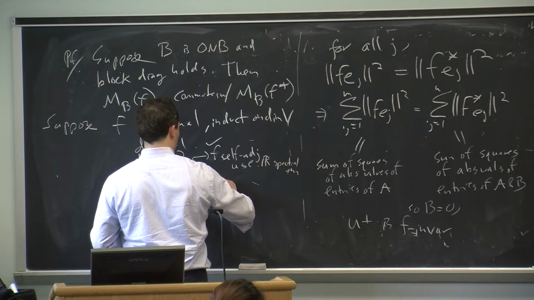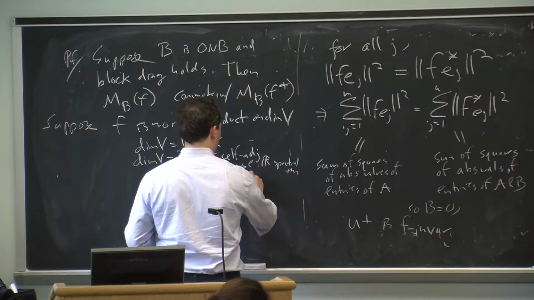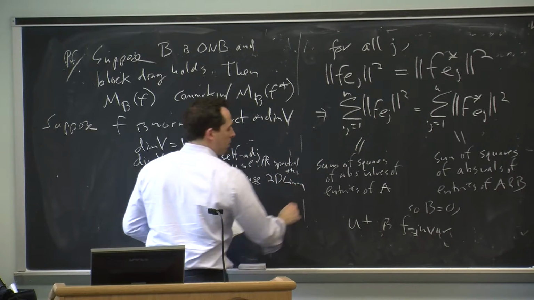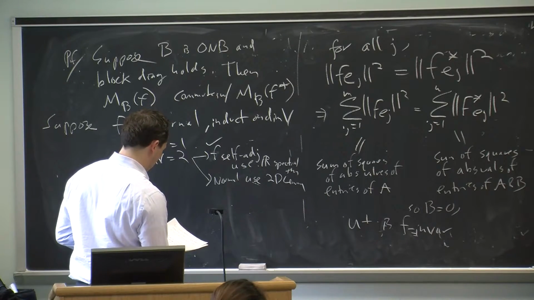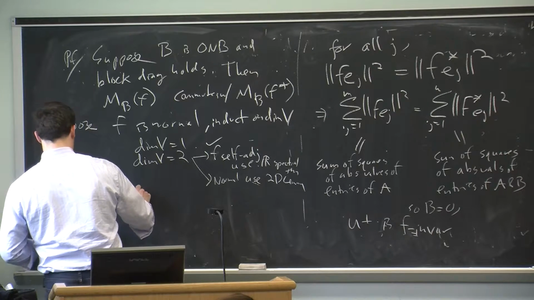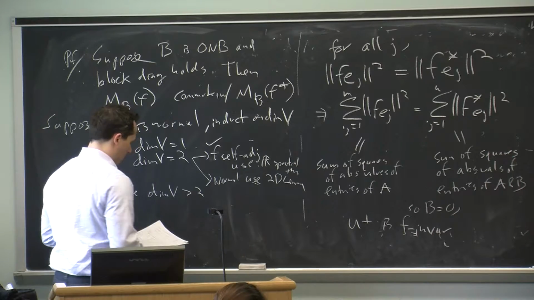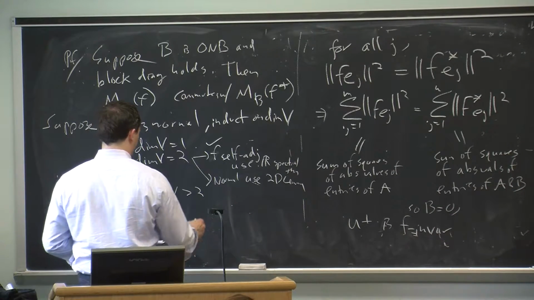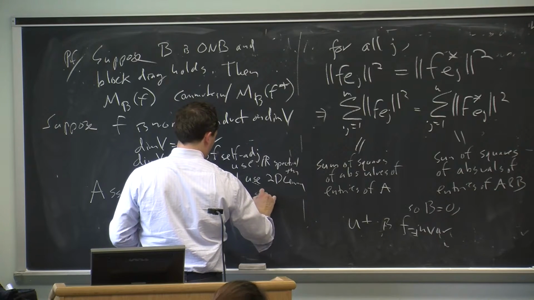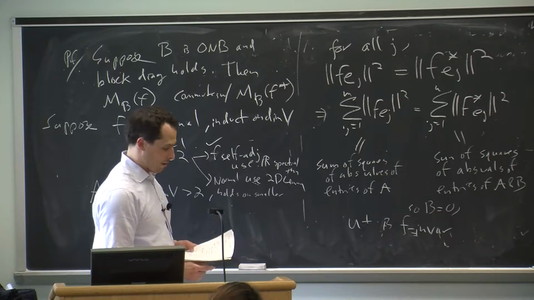If F is normal but not self-adjoint, use the two-dimensional lemma that we proved at the beginning. So now we want to assume that the dimension of V is greater than 2 and that it holds on all vector spaces of smaller dimension.